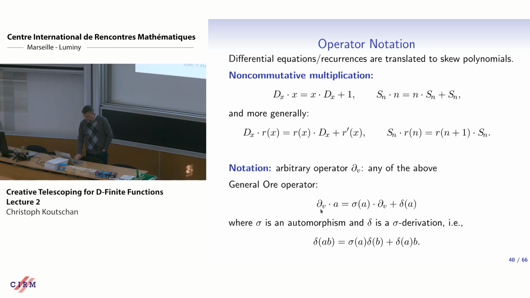So if we have this operator and we commute it with some element from the rational function field, then it is sigma of A times D plus delta of A, where sigma is an automorphism and delta is a sigma derivation, so that resembles the Leibniz rule, except that here we have this sigma of A, so it's tweaked a bit.